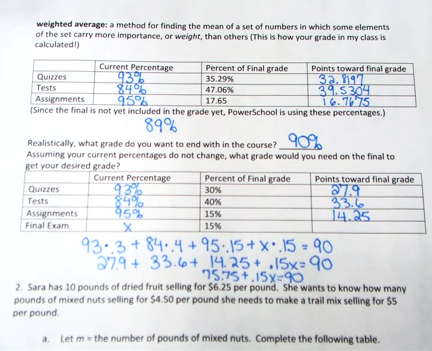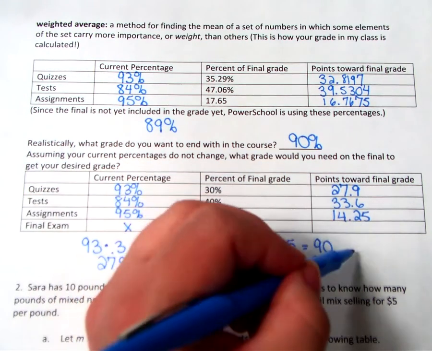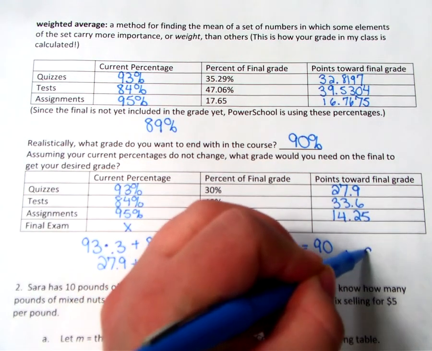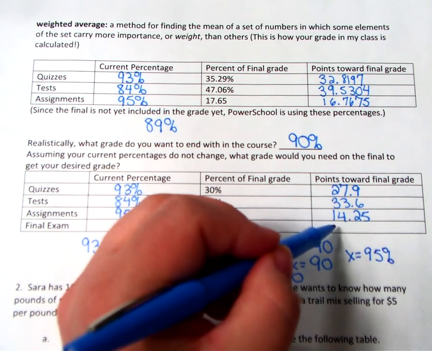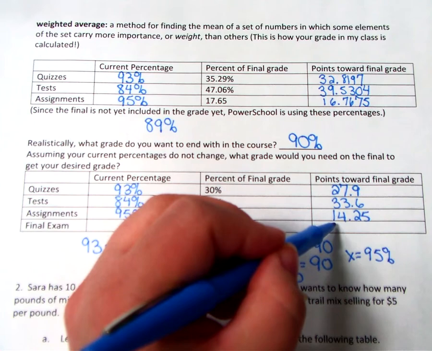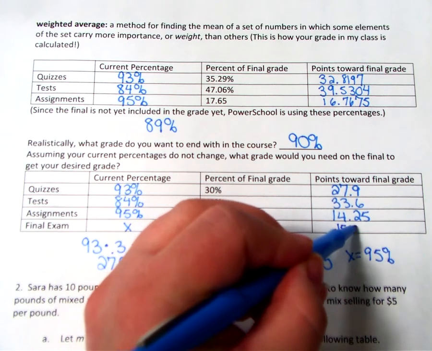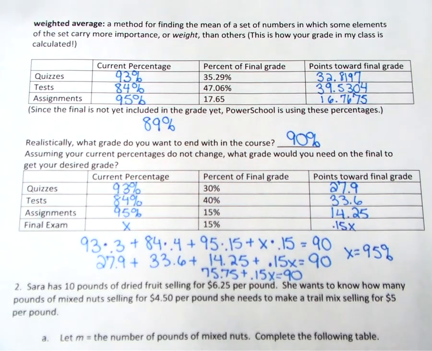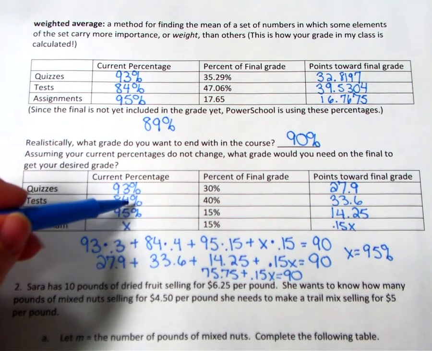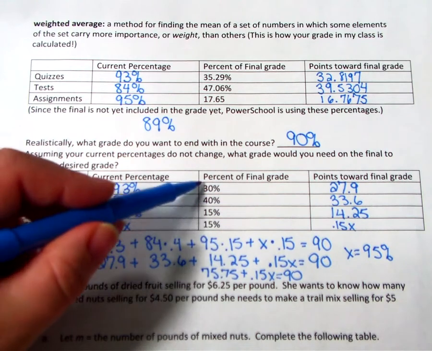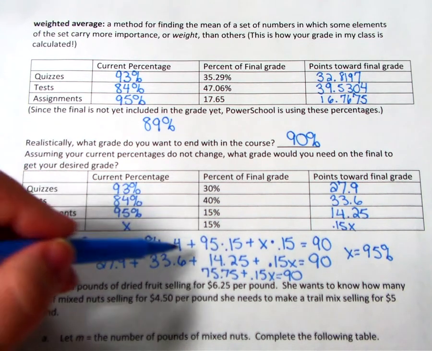And we get that this person would have to get a 95% on the final if they wanted to get a 90% in the class. Okay, that's how weighted averages work. We take how much something is worth and we multiply it by the weight applied to it and then add them all together. And that gives you a weighted average.